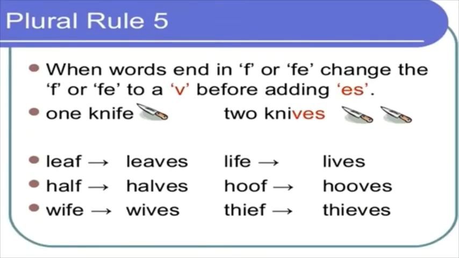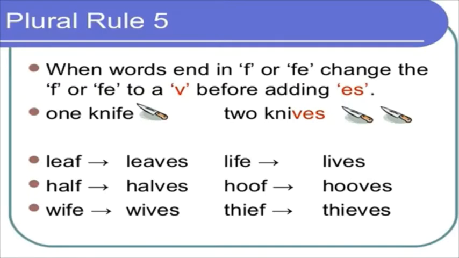This is the last rule we are going to learn in this lesson. When words end in f, fe, change the f, fe to a v before adding es. Okay, this is very easy.